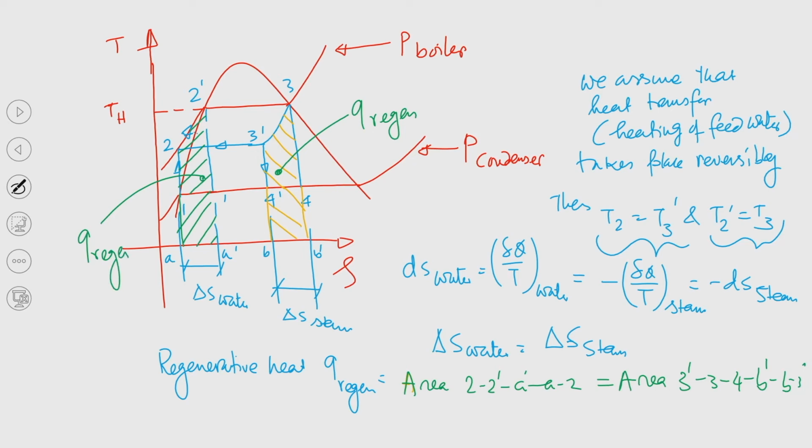From this particular schematic, I can tell you from this TS diagram we can write that. This point is 1 prime, this point is 1, this is 4 prime, this is 4. Okay. So, from this TS diagram can we write that S1 prime minus S1, that is delta S water, equal to delta S steam, if we try to write.